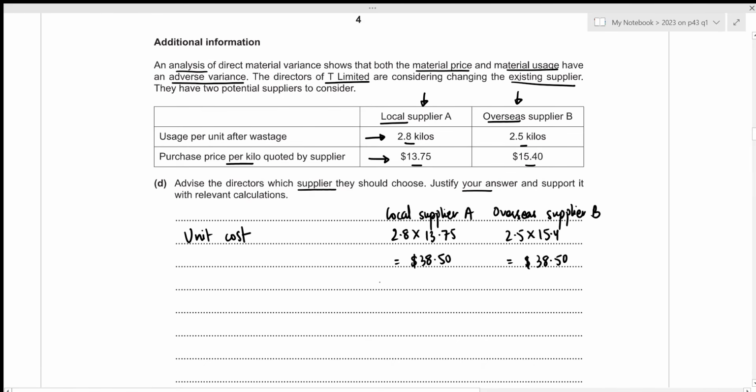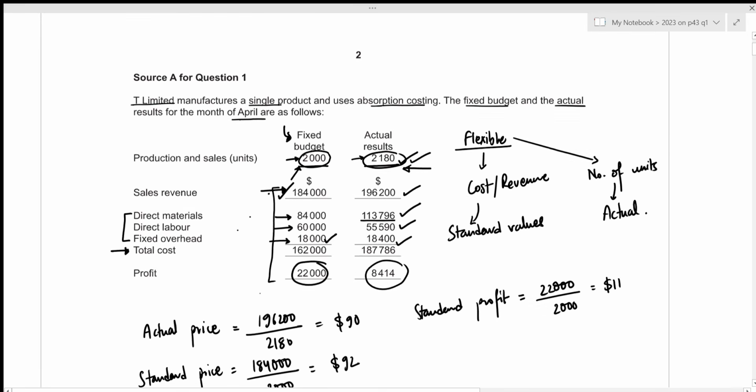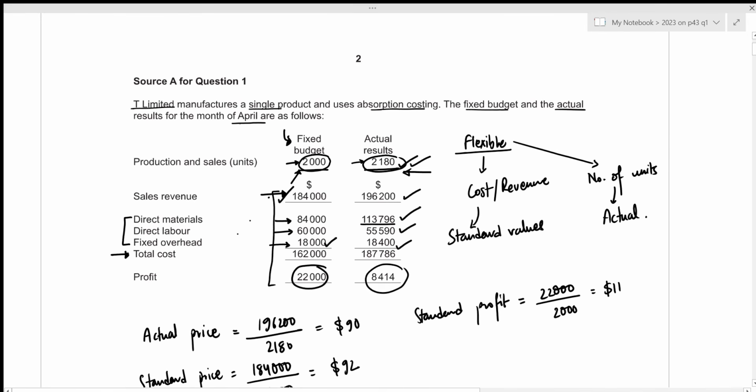Now let us also calculate the unit cost for our budgeted values and the actual values. Okay, now for our budgeted values, we're talking about direct materials. So we can just divide this 84,000 by the budgeted units of 2,000. So that's 84,000 divided by 2,000, which results in 42.